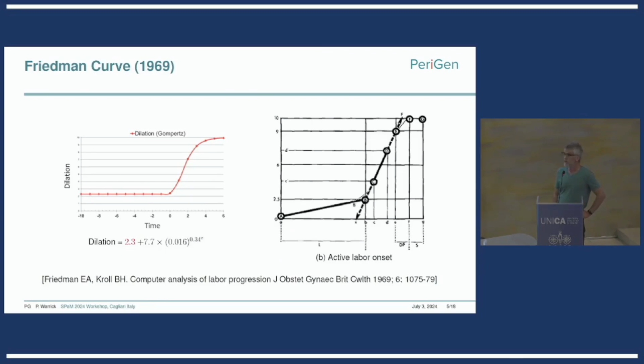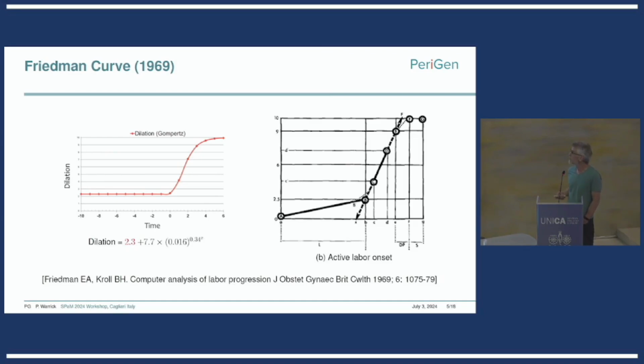Dr. Friedman from New York started his work in the 50s on characterizing labor progression, and it has been a stalwart part of how obstetricians view dilation progression.